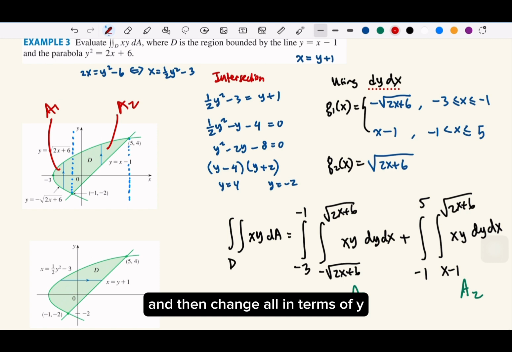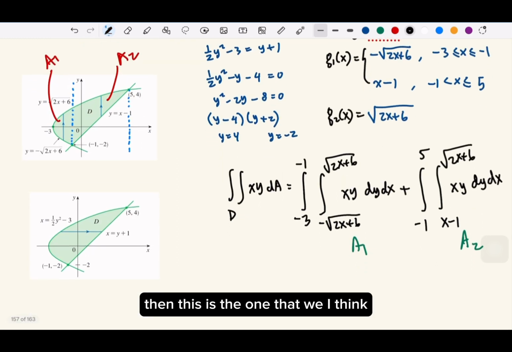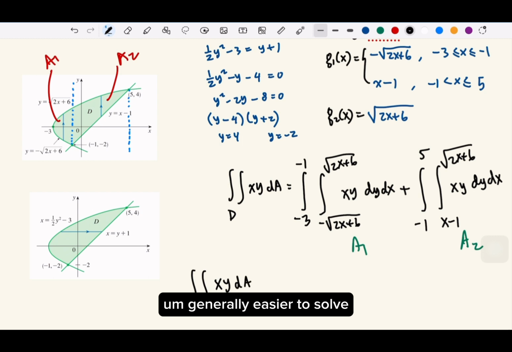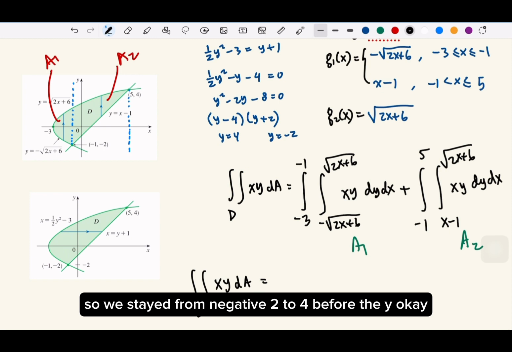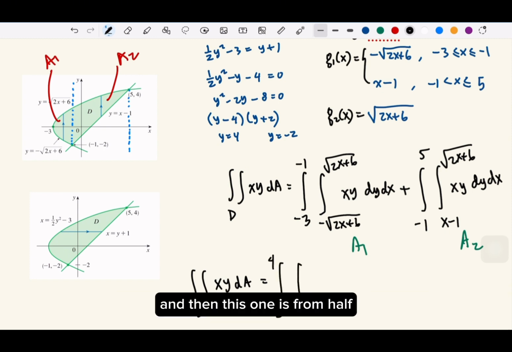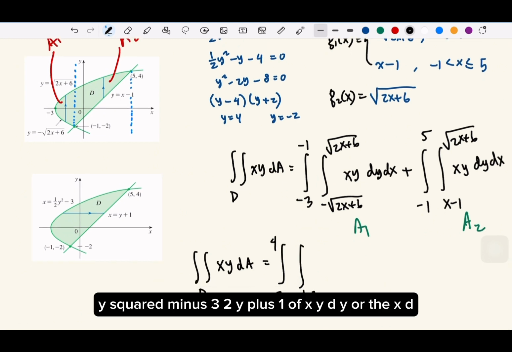And then change everything in terms of y, so the function of y. This is generally easier to solve. Okay? So we state from negative 2 to 4 for y, and then x is from half y squared minus 3 to y plus 1 of xy dx dy.